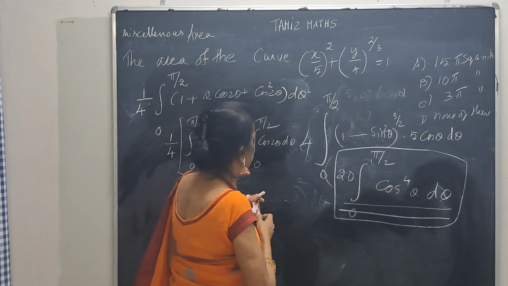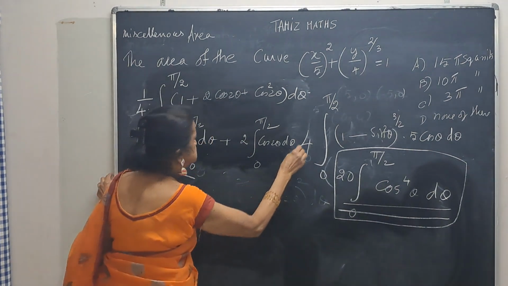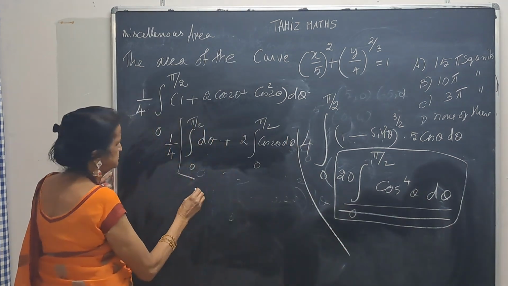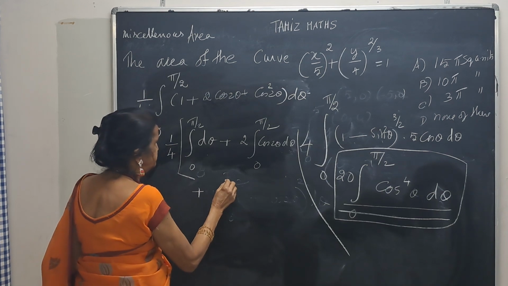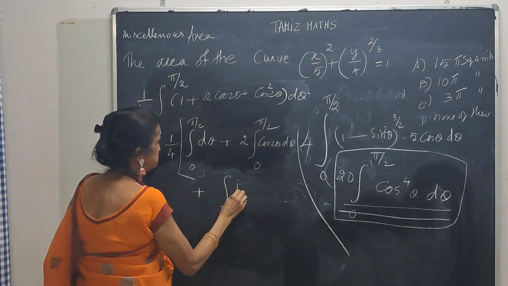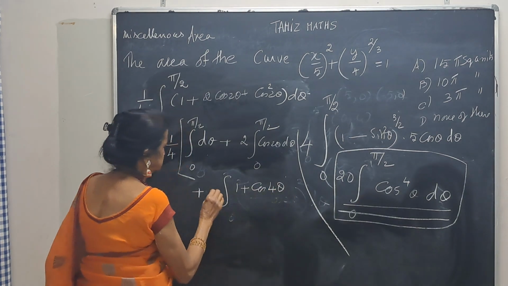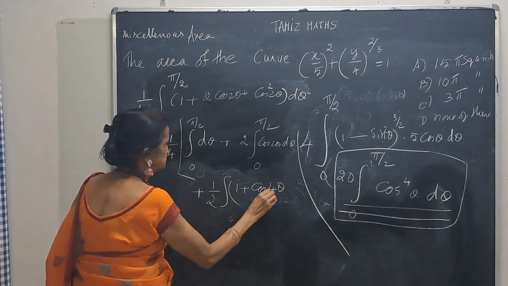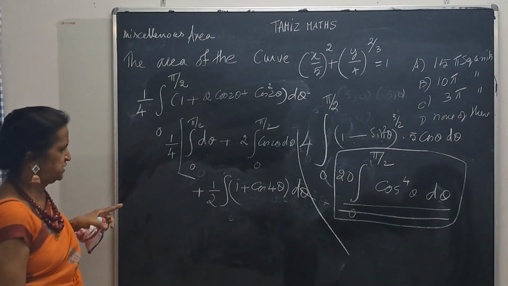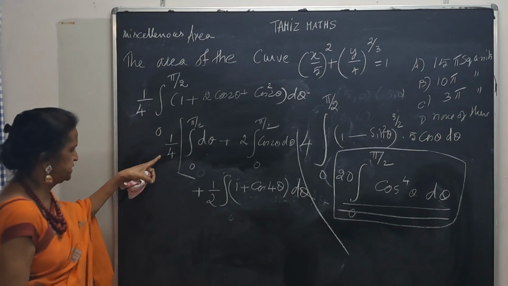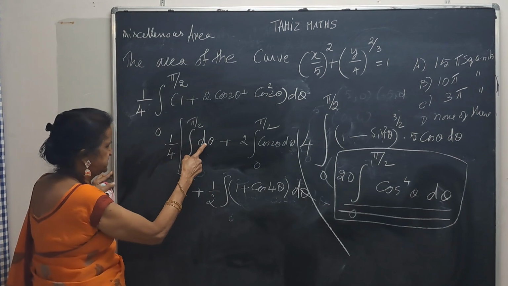The next one will be plus cos square 2 theta. What is cos square 2 theta? 1 plus cos 4 theta by 2. So I have taken the 2 outside, and this 1 by 4 is outside again.